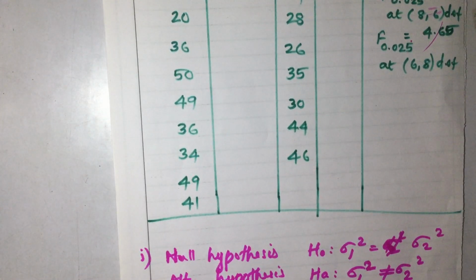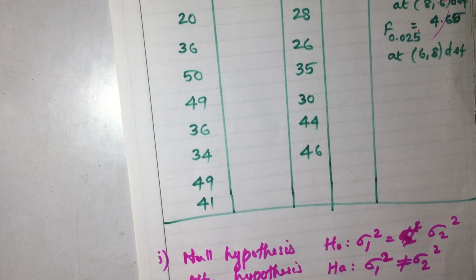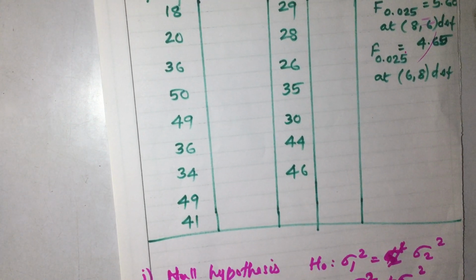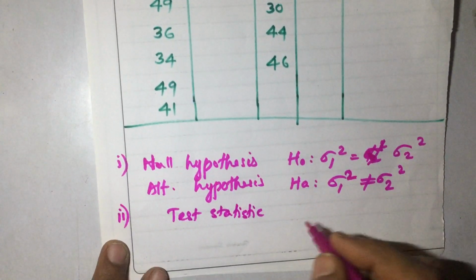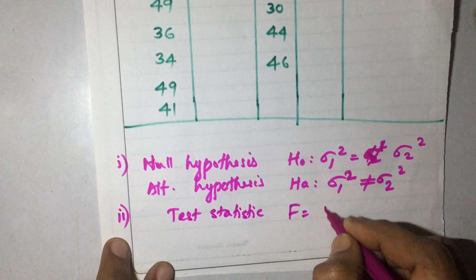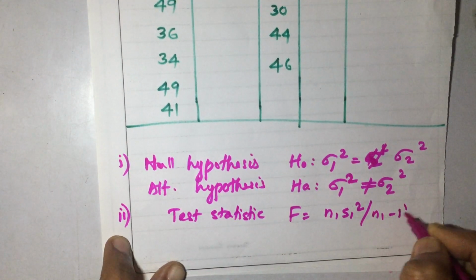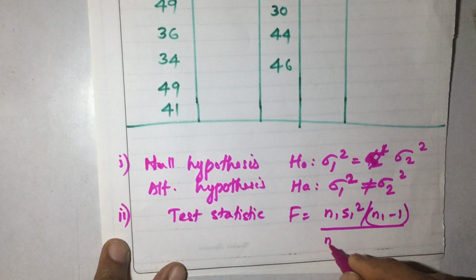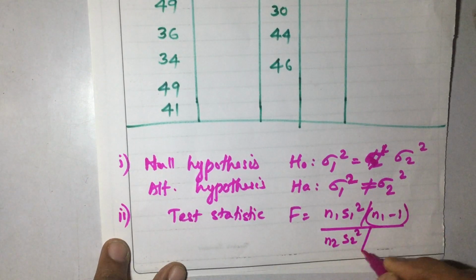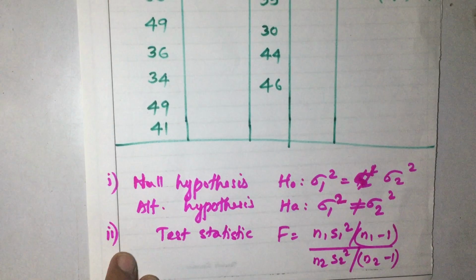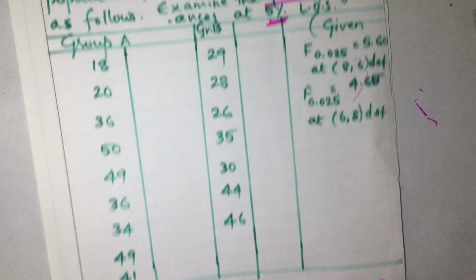Now only this x1, x2 like that values are given. So second is the test statistic. Test statistic means F is equal to n1 s1 square divided by n1 minus 1, upon n2 s2 square divided by n2 minus 1. Here s1 and s2 are not given, so we need to calculate that one.